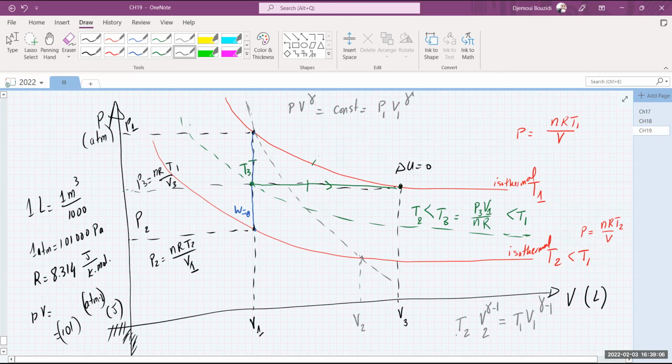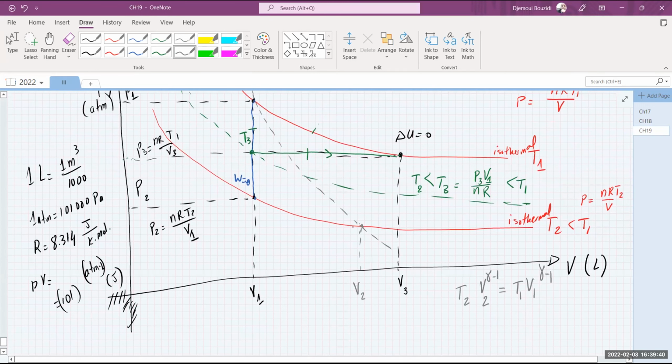So I can find this volume V2, because I know what T1 is. It's this temperature, this isothermal. I know what T2 is. It's the second isothermal that I'm interested in. And I know what V1 is. It's this point. So I can find V2. Do you guys agree that V2 is calculable from this expression? Yes, it is. Everything is in there, so we should be able to get it.